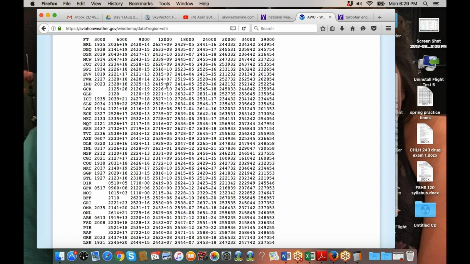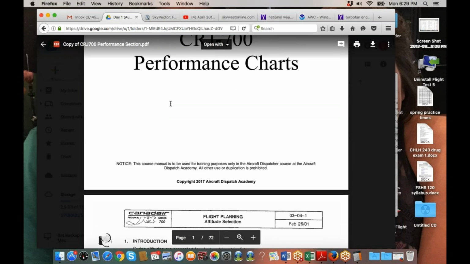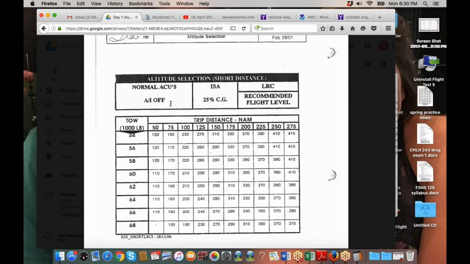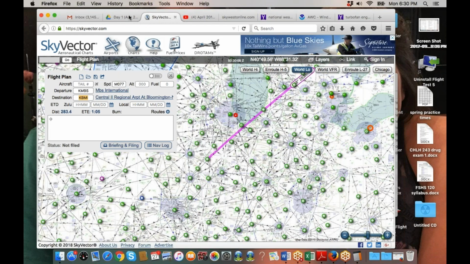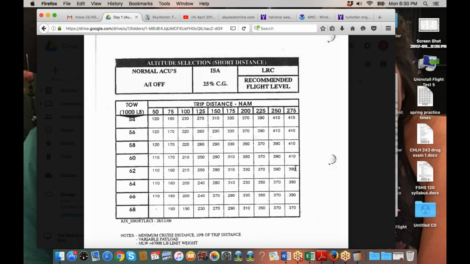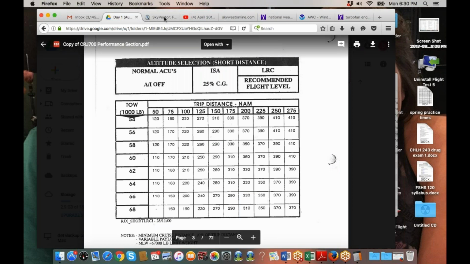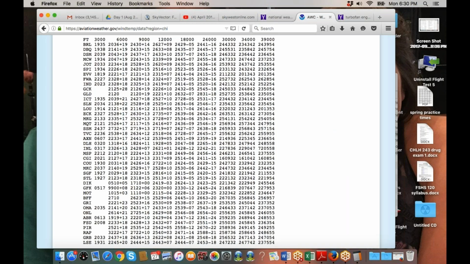So we're going to fly at, well, why don't we use our other chart? Our short distance chart. So what did I say our distance was? 285. We're probably not going to get up that high, realistically. Let's say we're going to go at flight level 300.